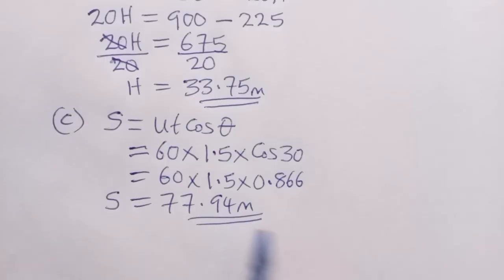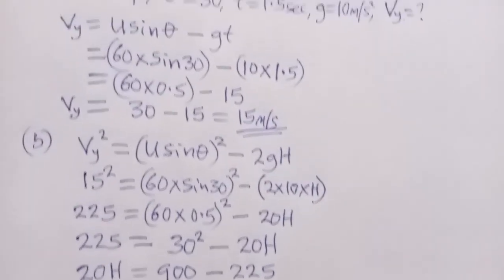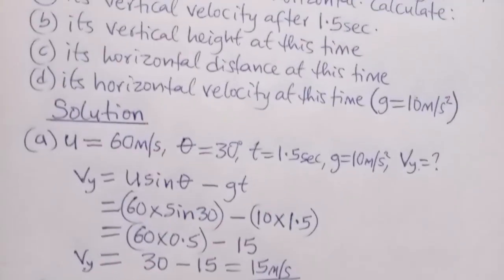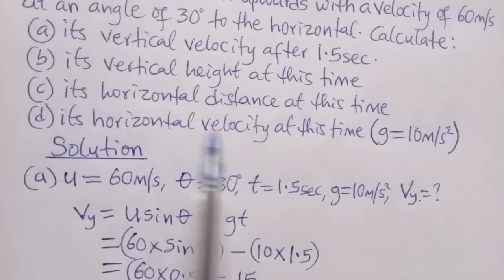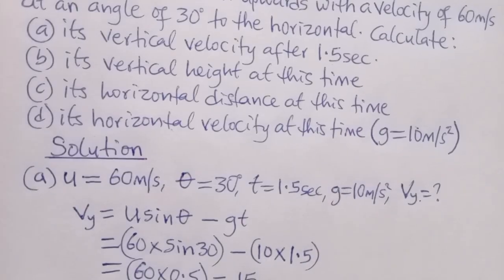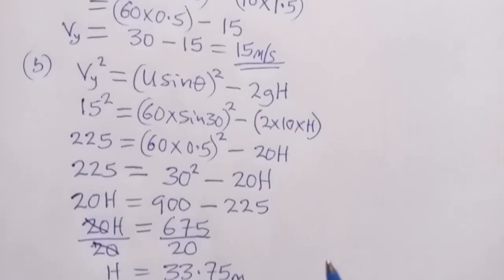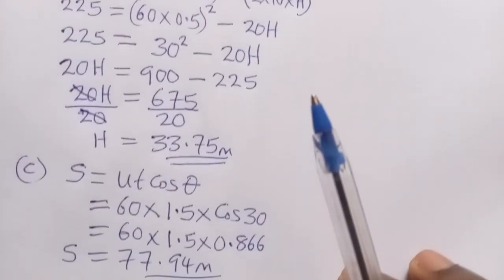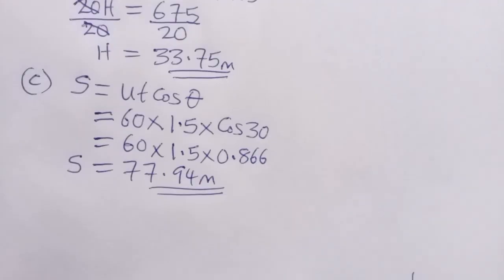So take note of that. And then let's look at the last question now. That is the D part of the question. So question D says we should find the horizontal velocity at this time. The horizontal velocity is what we are to look for at this time. So I'm simply going to solve that horizontal velocity with a direct formula.